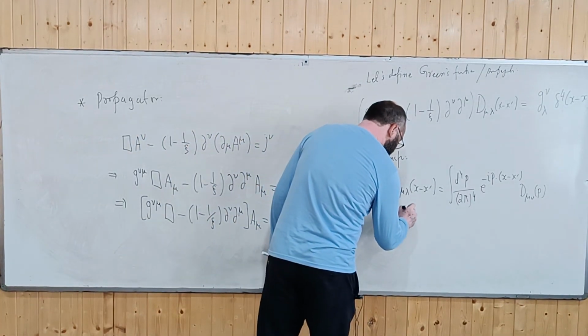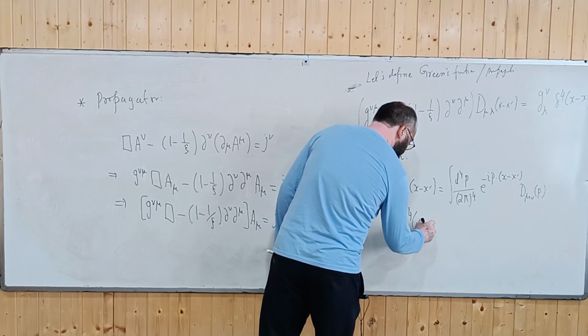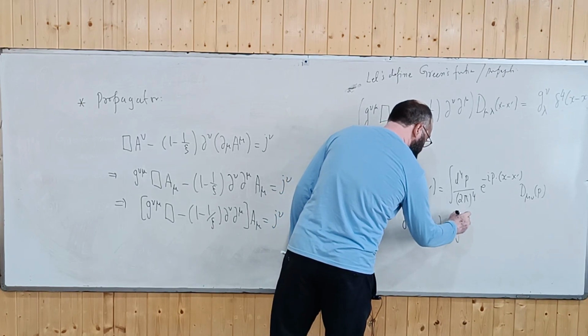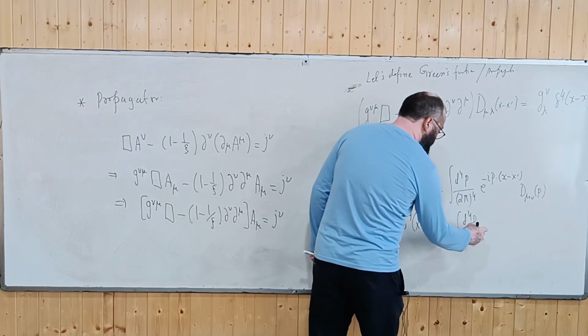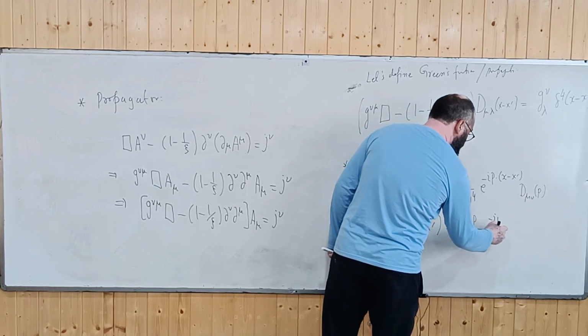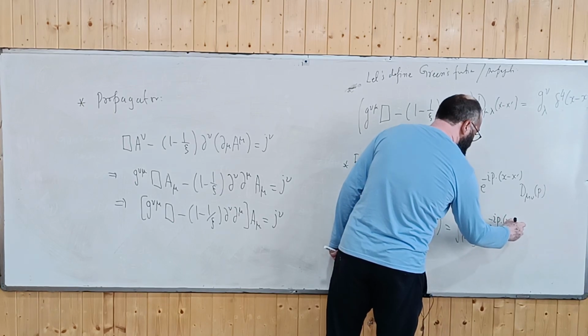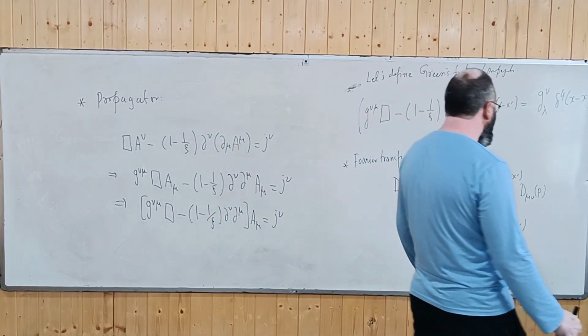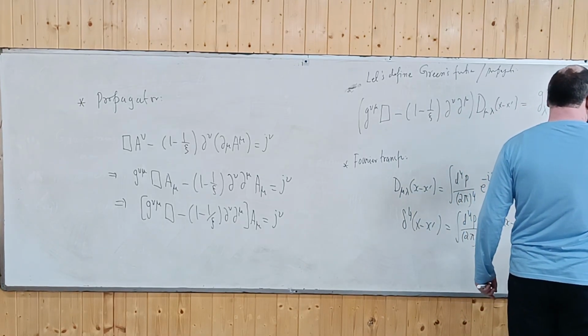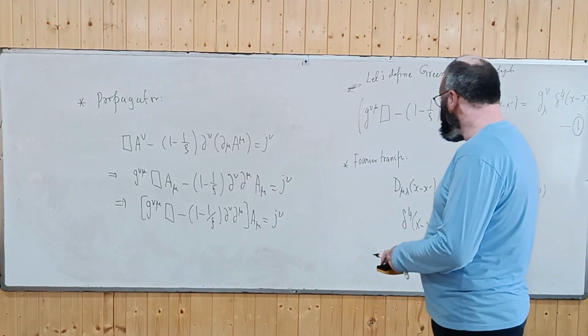And what is the Fourier transform of this delta function, x minus x prime? That's integral d4p divided by 2 pi raised to power 4, e raised to power minus i p dot x minus x prime. Now let's substitute it in this equation. Let's call this equation 1.